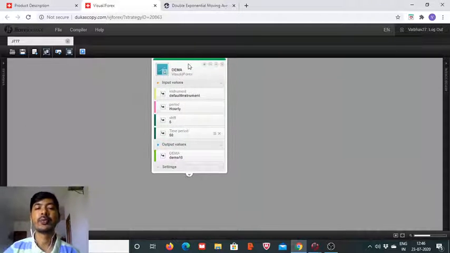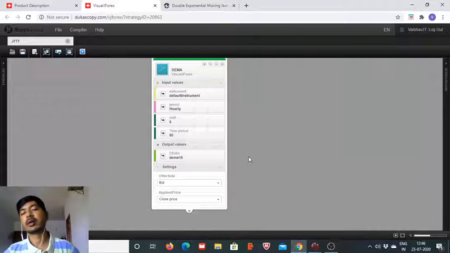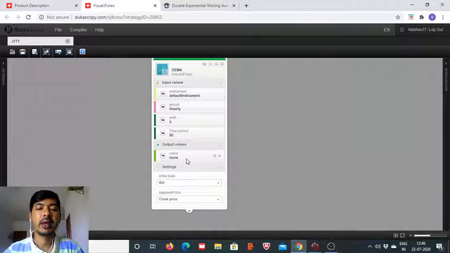You can do this customization of the algorithm, and you will get this output value. As here you can see it is named as DMA 10.